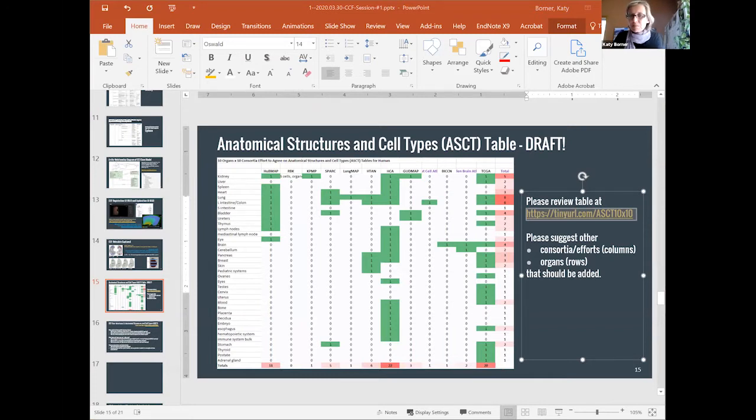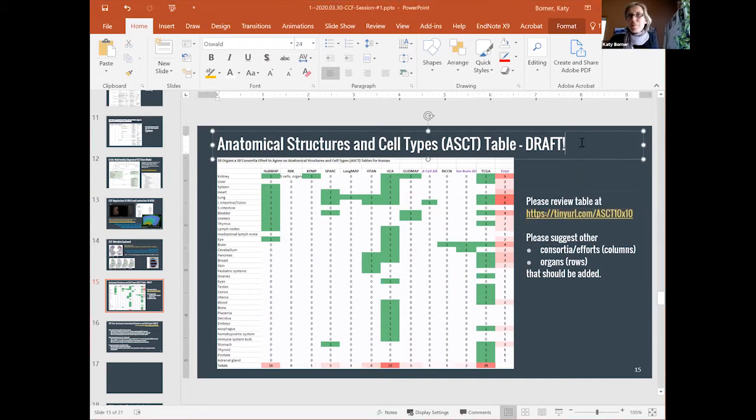This is really Jim and Peter and myself and selected friends and colleagues helping us all understand what kind of organs different consortia care deeply about. I just pasted the tiny URL into the Zoom group chat, and if everything went well, you should be able to click on that link and see the table in front of you so that you have it in larger and you can also look at it later.